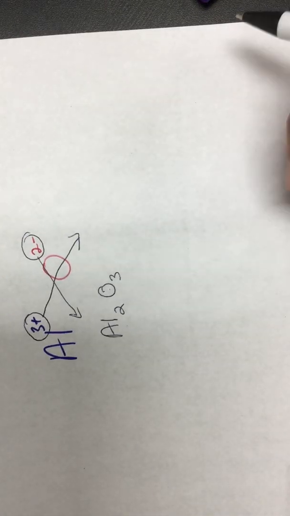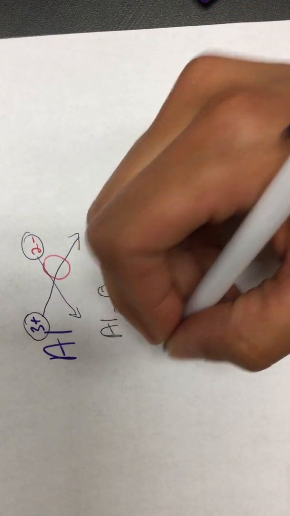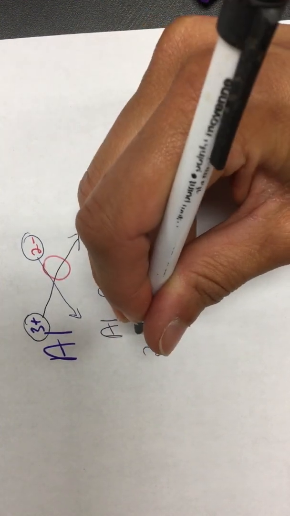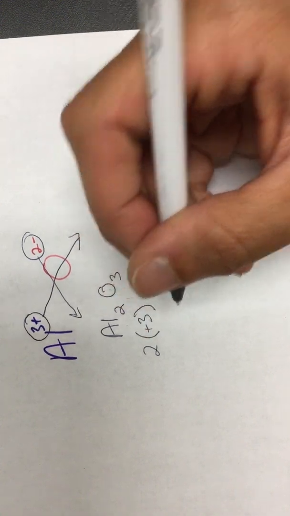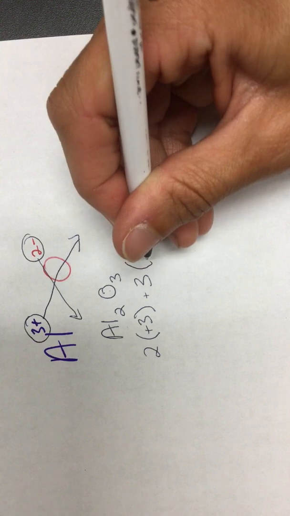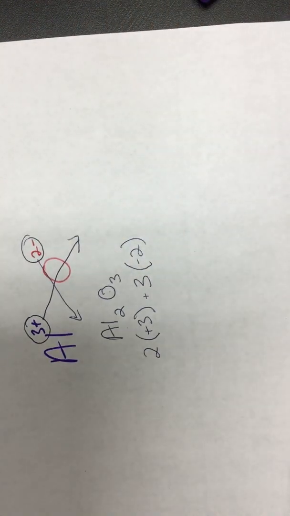Another way you can double check is by taking a look to see how many electrons are being given and how many electrons are being taken. So here we've got 2 aluminums. Each aluminum is going to be giving 3 electrons away, so it'll be positive. And we also have 3 oxygens, and each oxygen is going to be taking 2 electrons, so that's going to be negative.